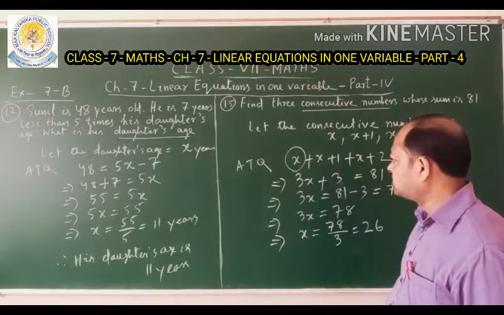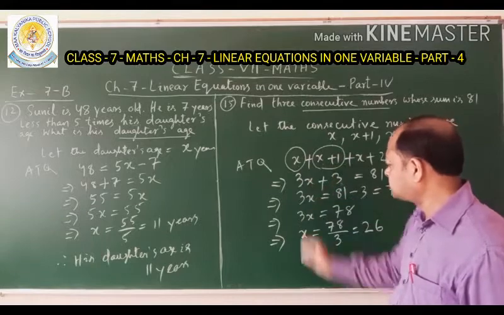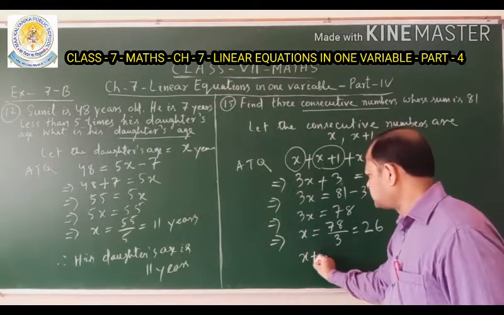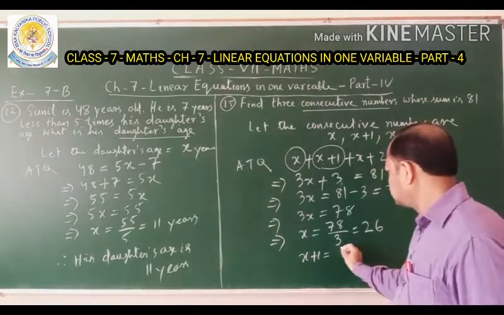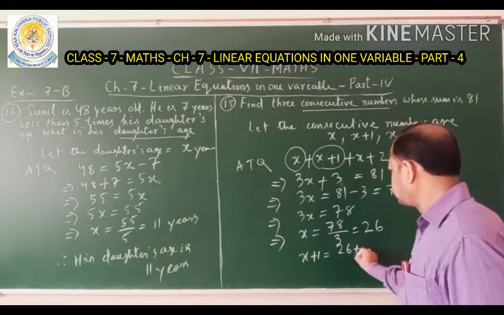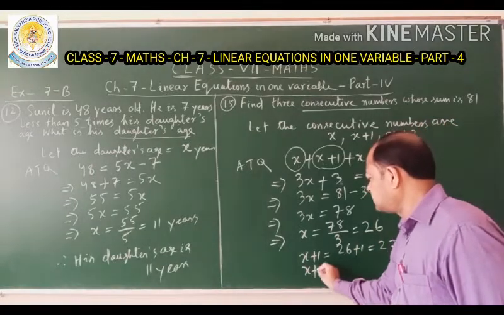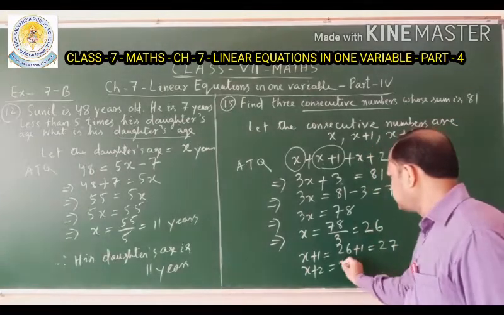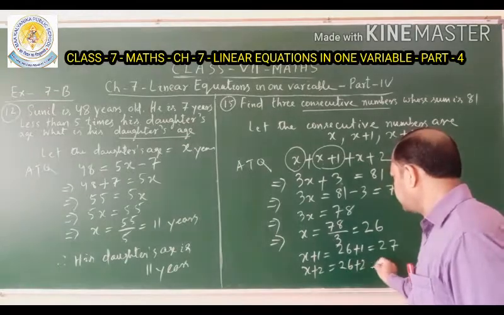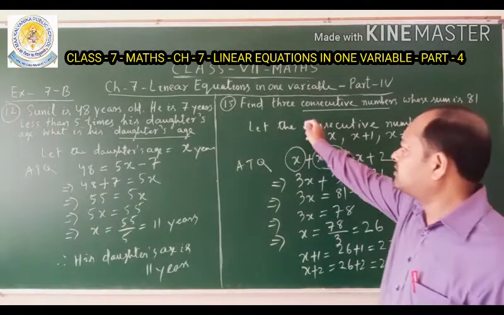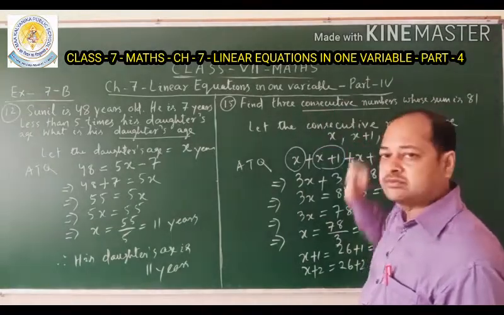And what is the second consecutive number? That is x plus 1. So x plus 1 will be 26 plus 1. That is 27. Then x plus 2 will be how much? That is 26 plus 2, that is 28. So the question is asking us to find the three consecutive numbers.